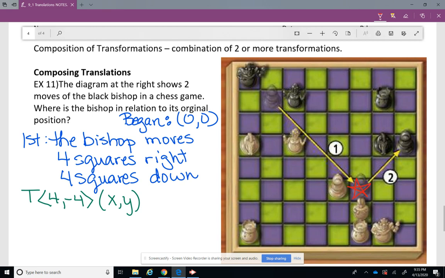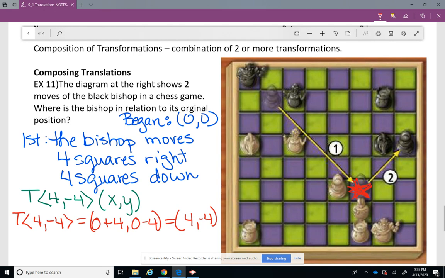All right, this is how we do it. Okay, if we're going to translate 4 to the right and 4 down, then we're going to take the 0 and add 4 to it. And we're going to take the 0 and subtract 4 from it. And we're going to end up with 4, negative 4. That's what our red star is. That's the point right now.